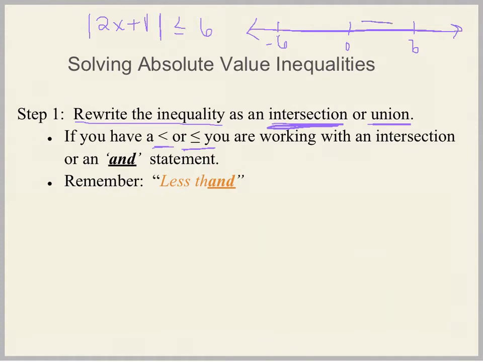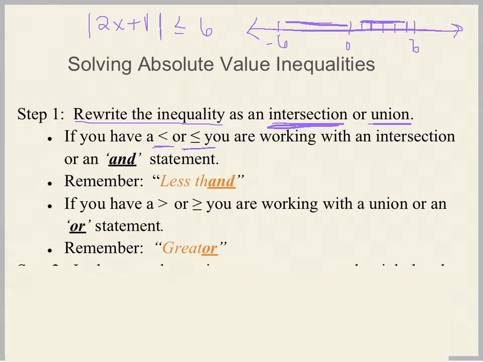That distance could be from 0 to 6 or 0 to negative 6. And in a less than absolute value inequality, any number that is less than or equal to 6 would make this statement true. So 1, 2, 3, 4, 5, or negative 1, negative 2, negative 3, negative 4, negative 5, and any number in between would make this true, which is why we have an "and" or an intersection.